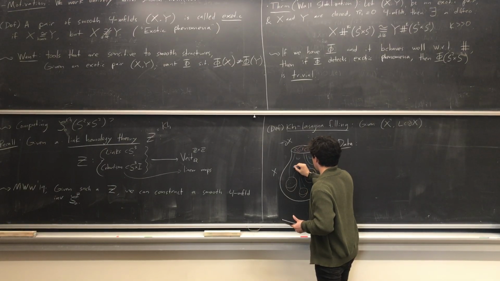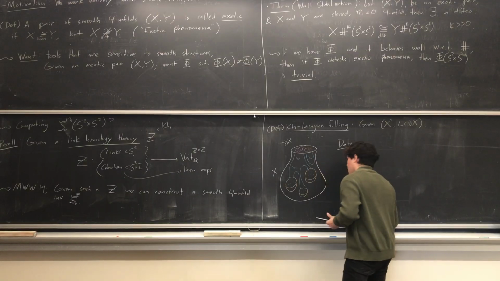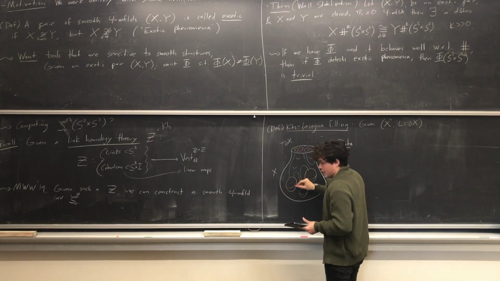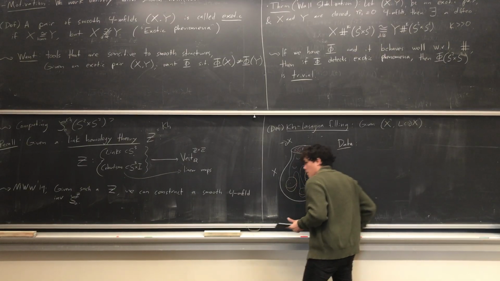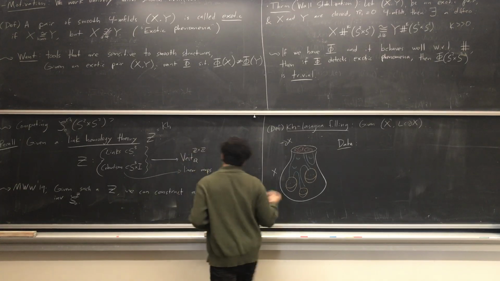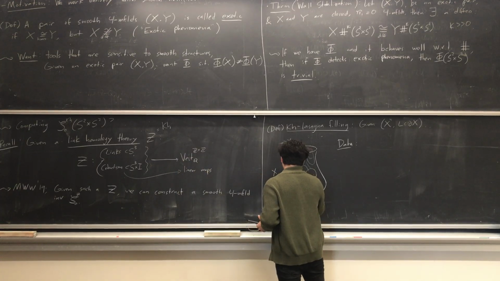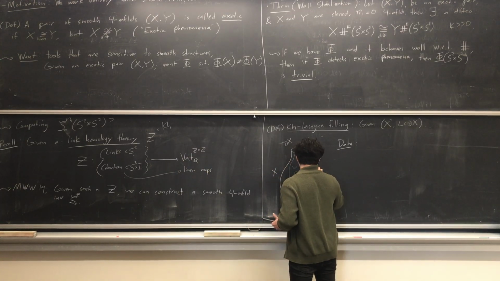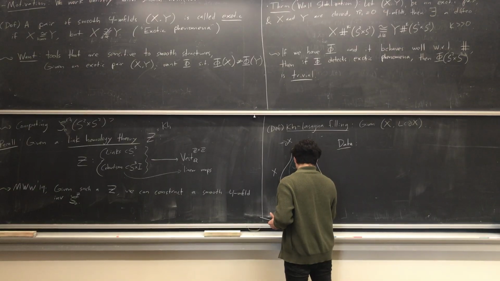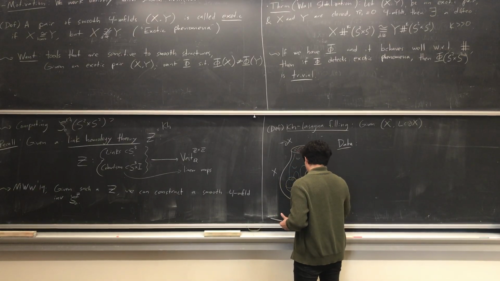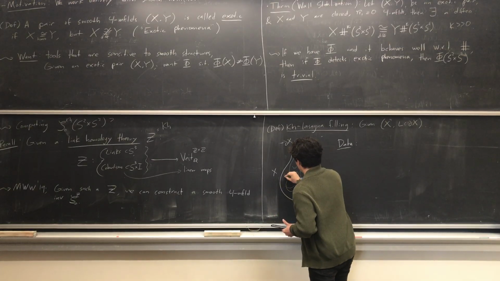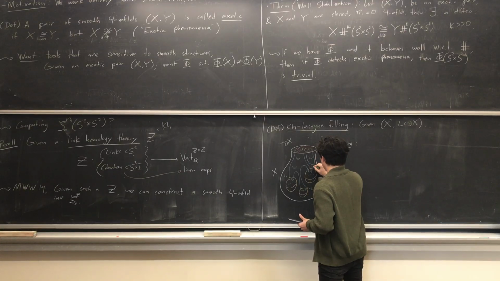Maybe it has genus. And this surface intersects the S3 boundary of these four balls in some collection of links. So let's call this L1, L2, L3.